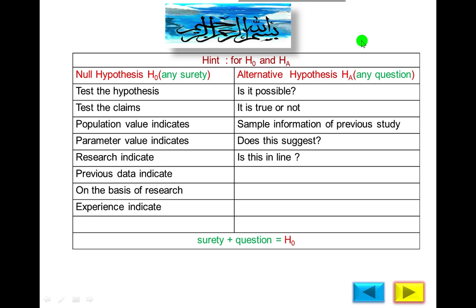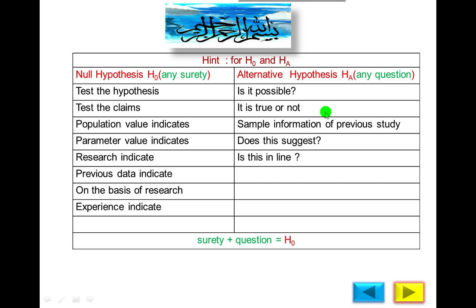In this video, I will give some hints about the null hypothesis and alternate hypothesis. As we have solved two questions in the previous video, I have already explained this. What is the difference between the null hypothesis and alternate hypothesis?